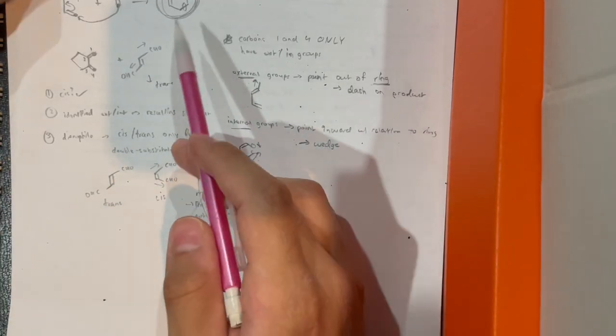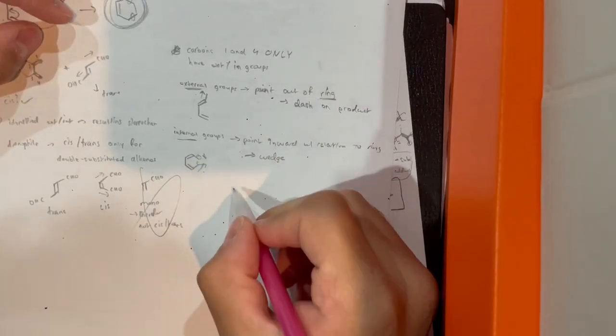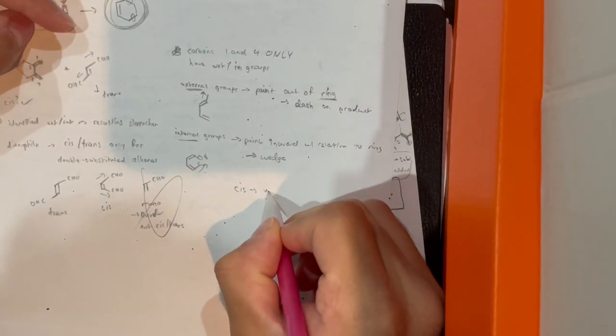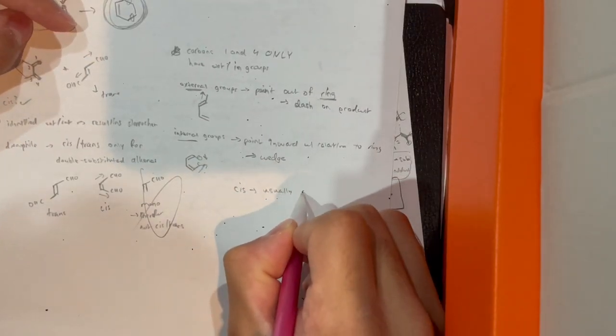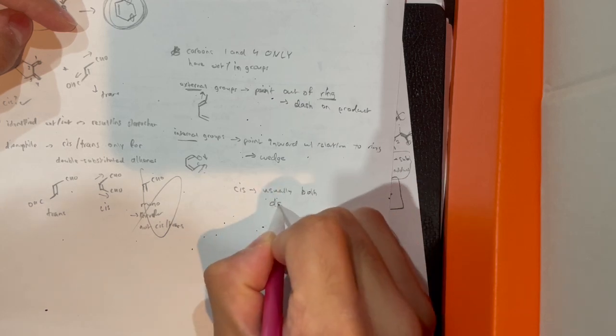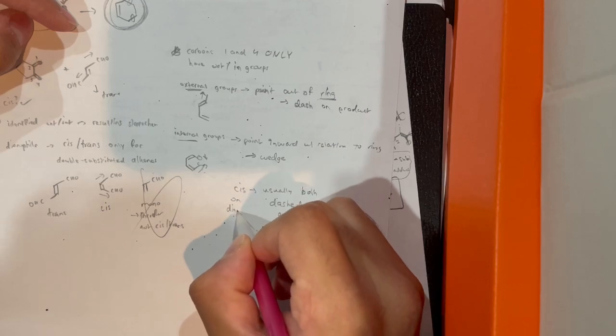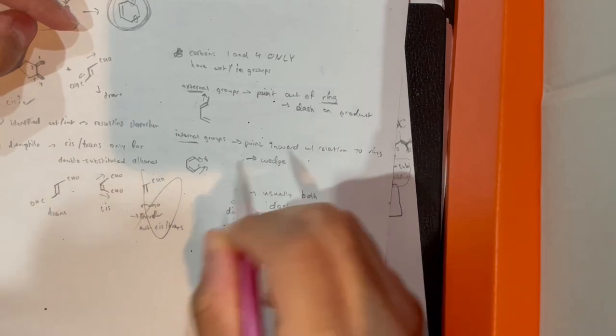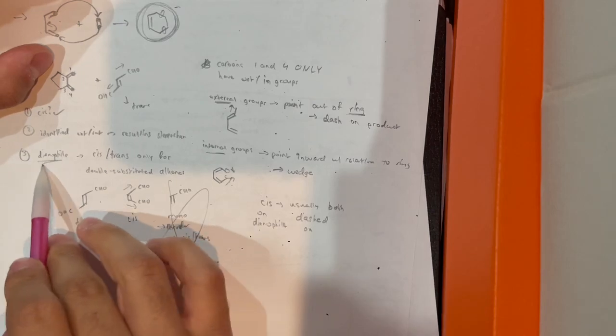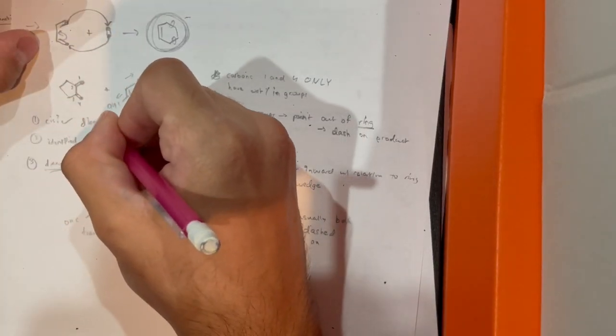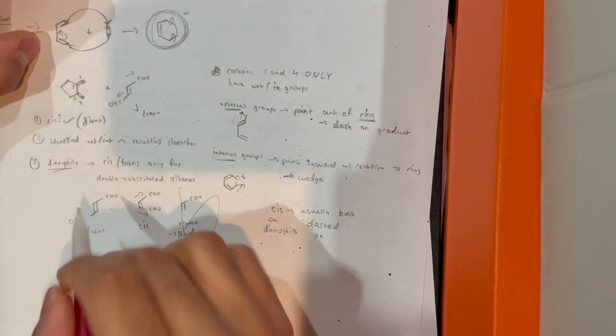Now, whenever you do cis, what I would suggest as well, cis, usually both dashed, okay? On the final product. Cis on dienophile, remember, you need to be consistent with what you're looking at. Dienophile, this one was the diene. Okay, good. This is also the diene.